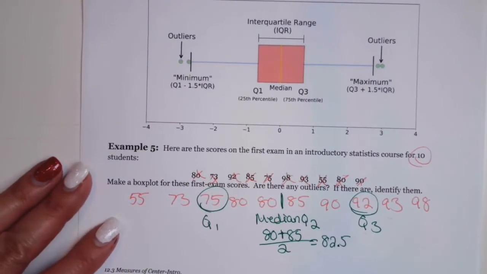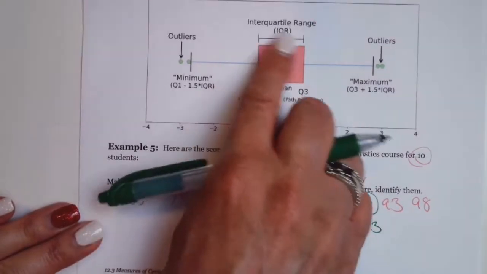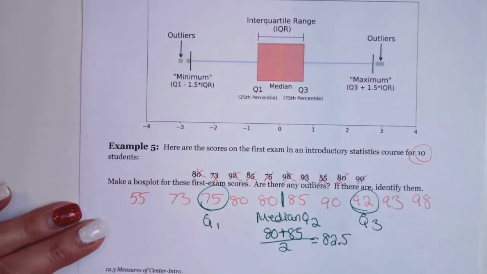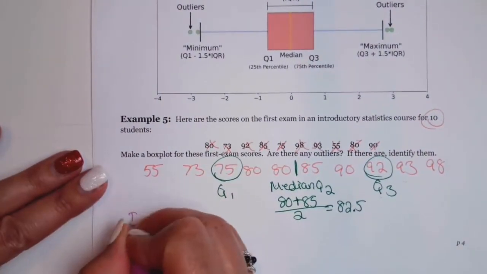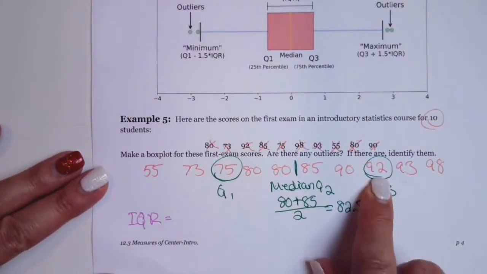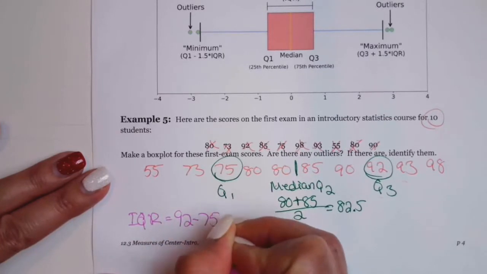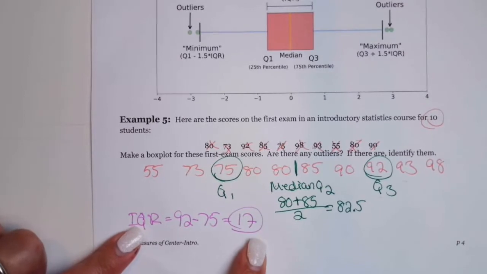Before we can do anything else, we need to figure out our interquartile range, our IQR, and then our minimum and maximum. So our IQR is going to be 92 minus 75, which is 17. IQR is 17.